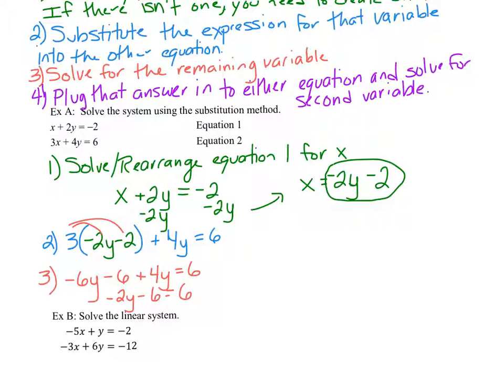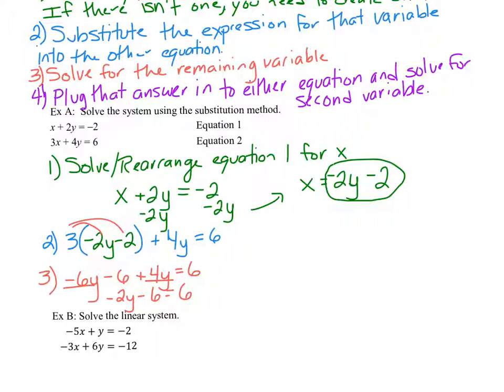Don't you combine the 6y and the 4y? Yeah, I did. Negative 6y plus 4y became negative 2y, because negative 2 times negative 6 is why I was confused, it's 12. Okay. Yep, so we're good.